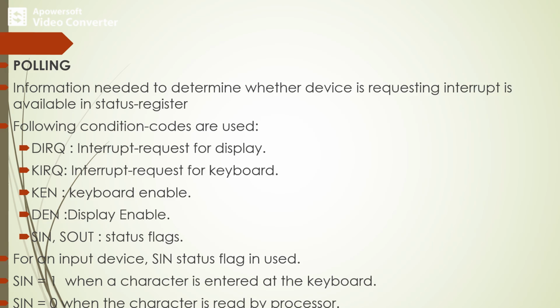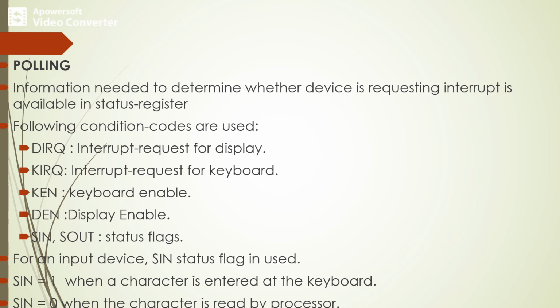The first device encountered with the IRQ bit set is the device that should be serviced by the processor. After servicing that device, the next device may be serviced by the processor.